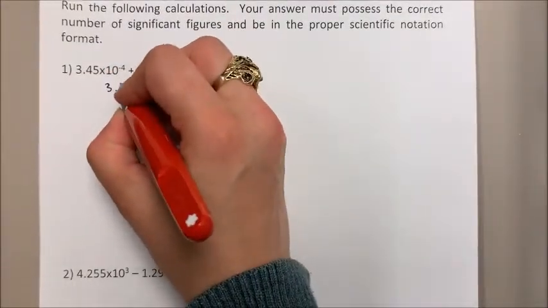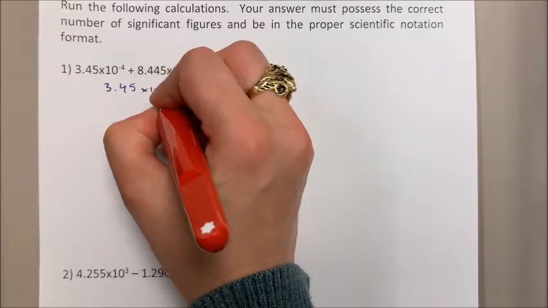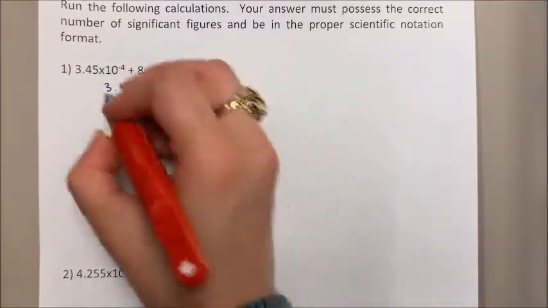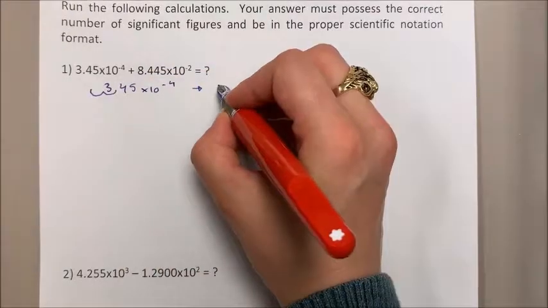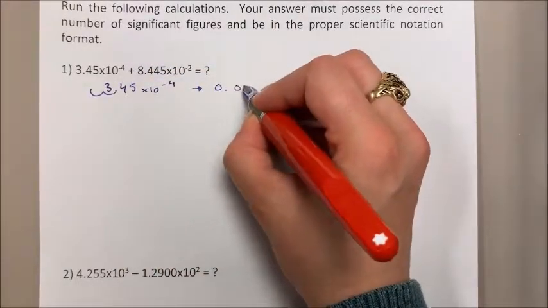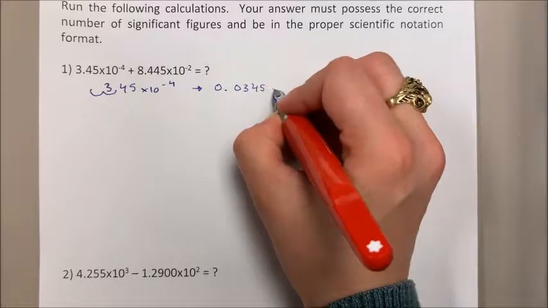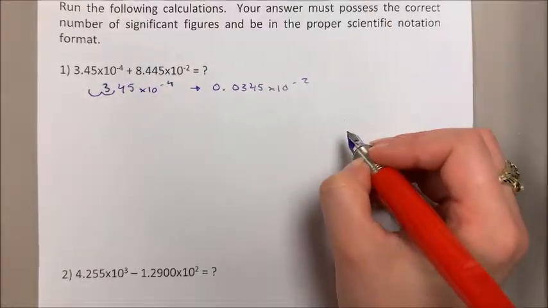So 3.45 times 10 to the minus 4th. We need to move that decimal place over 2 decimal places so that we get 0.0345 times 10 to the minus 2.